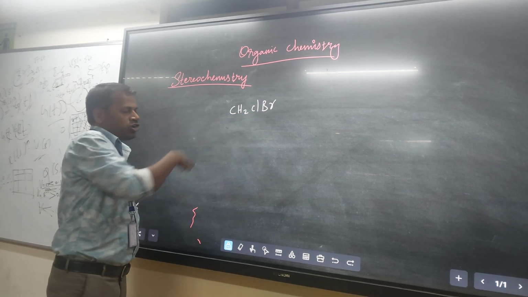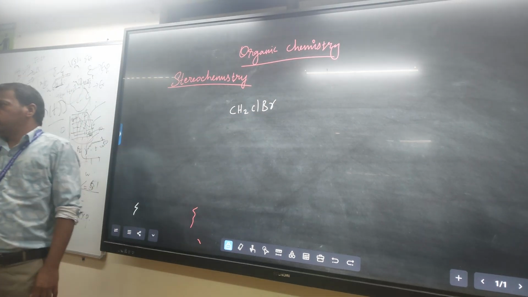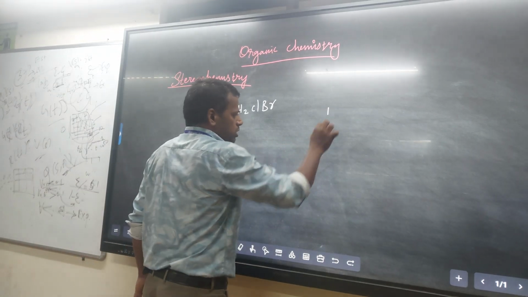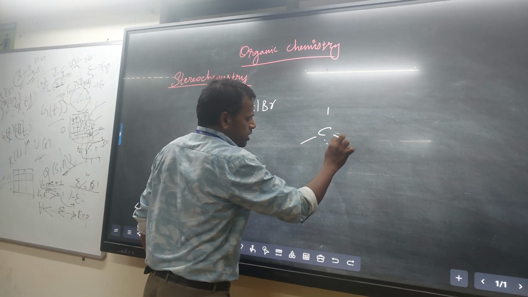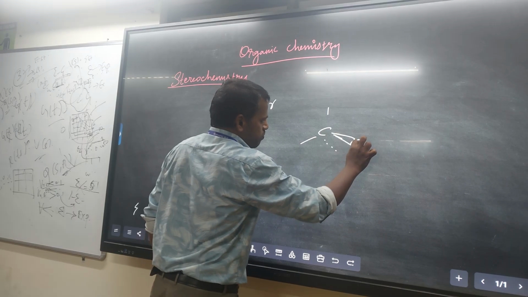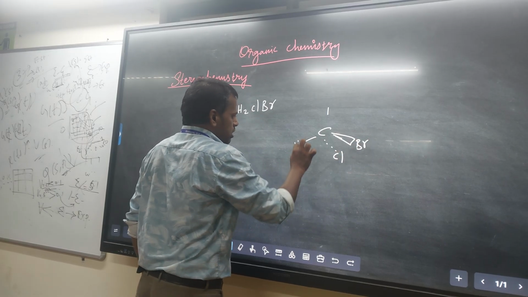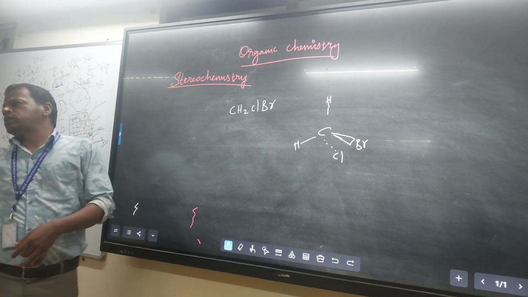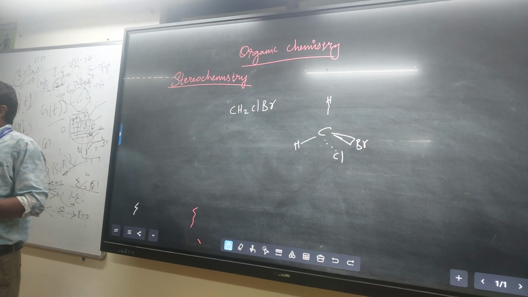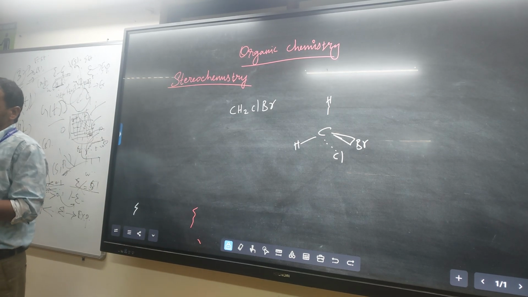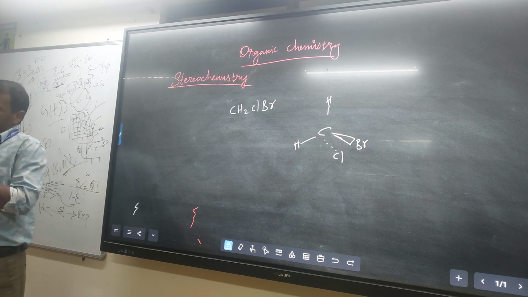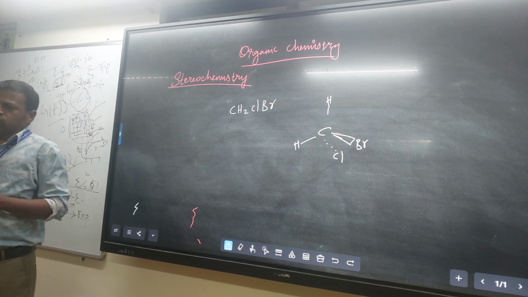This is not the original structure of bromochloromethane. Actually, the original structure, you know what that is? That is a tetrahedral structure, right? Br, Cl, H, H. So we are studying the molecules in three-dimensional view. That is stereochemistry.